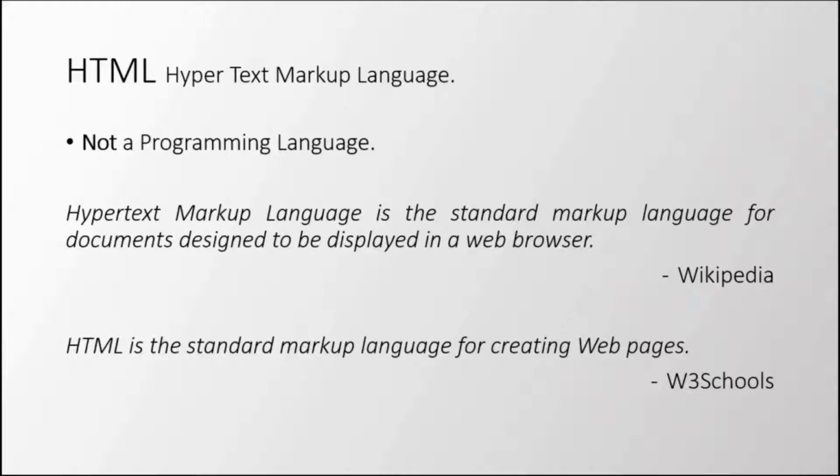We are talking about a living standard. Means there is no HTML 4.3.6 and there is no HTML6 coming up. We just have HTML. Whenever they develop a new feature, they are simply going to include it in the current running HTML. That's it. There will be no next version of HTML coming up.